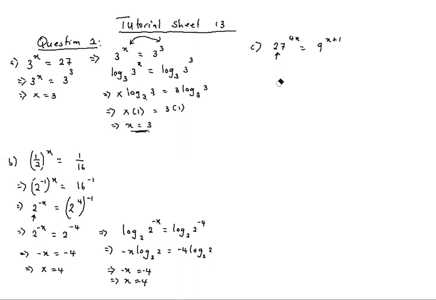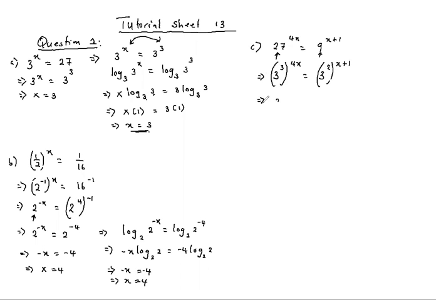So we raise 3: we say (3^3)^(4x), and also express 9 as a power of 3, 9^(x+1).